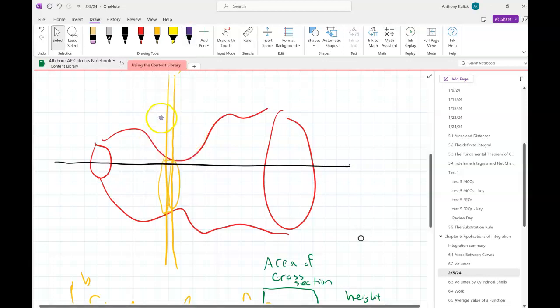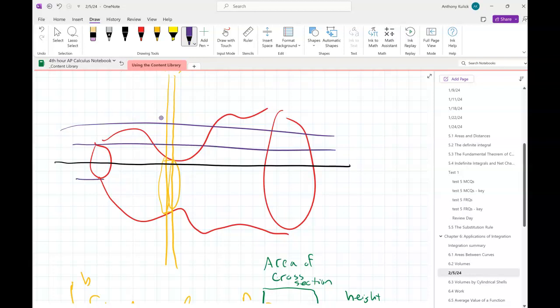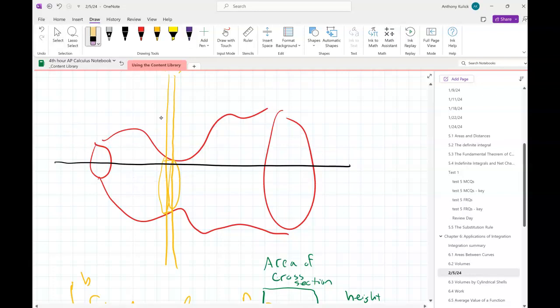If I tried slicing this way, though, I'm going to get all kinds of weirdo looking things, that I don't want to do. So if this figure was just oriented up and down, then I'd want to slice that way because I'd get circle cross sections the whole way through. Does that make sense? Yeah. So in that case, everything is going to be differently described, and I'll be doing things in terms of y instead of x.